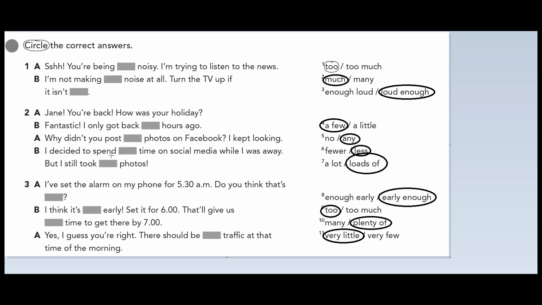I decided to spend less time on social media while I was away, but I still took loads of photos. I've set the alarm on my phone for 6:30. Do you think that's early enough? I think it's too early. Set it for 6. That will give us plenty of time to get there by 7 o'clock. Yes, I guess you're right. There should be very little traffic at that time of the morning.